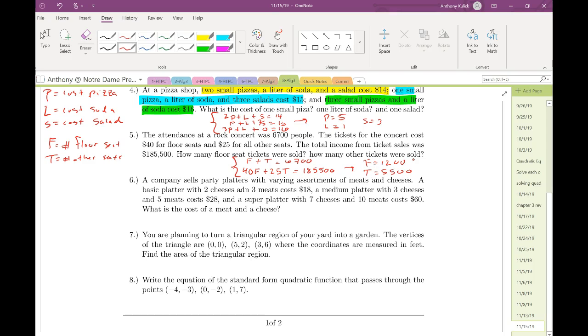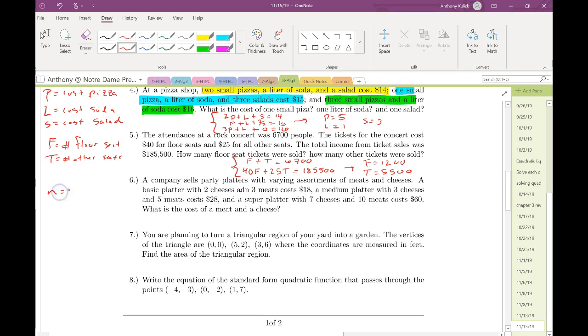Six. How many variables do we have in 6? Or read the last sentence. Just 2, right?